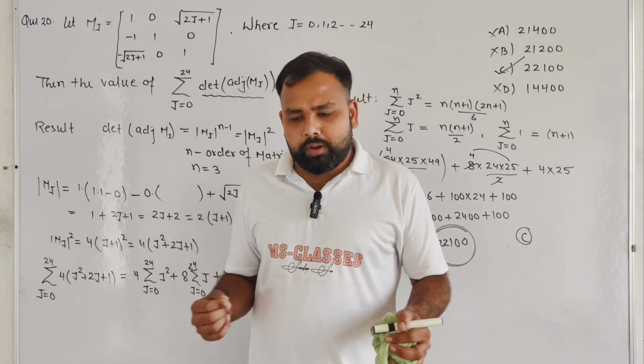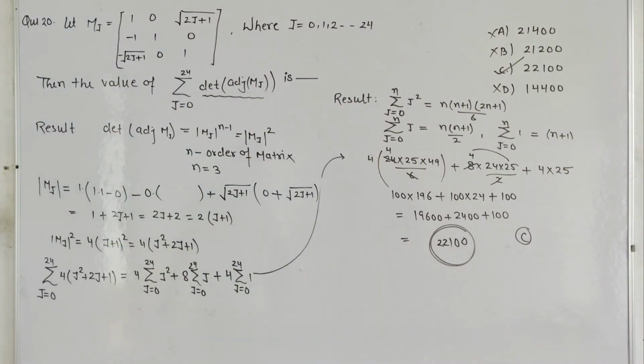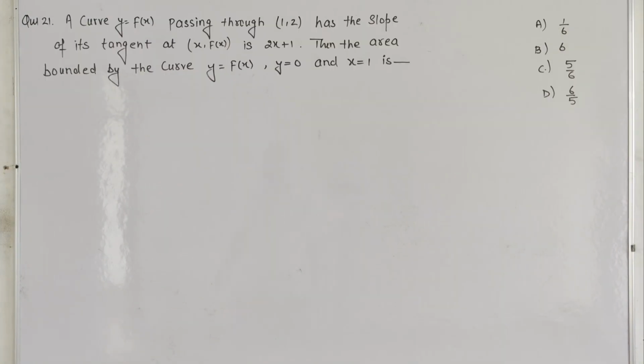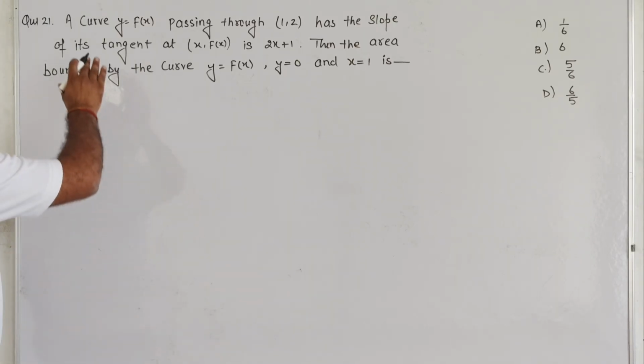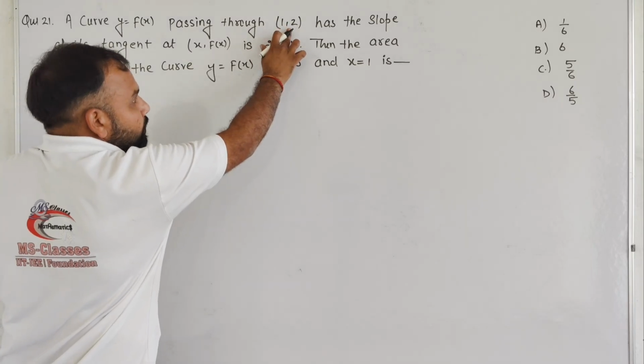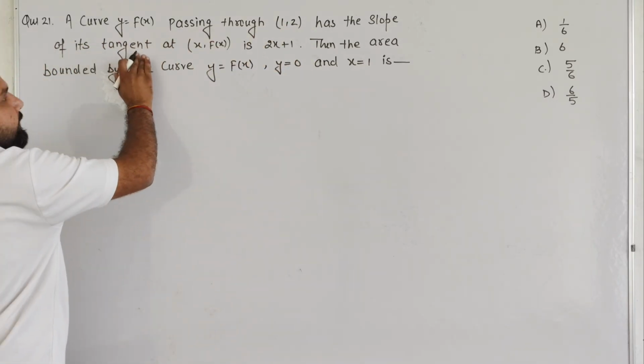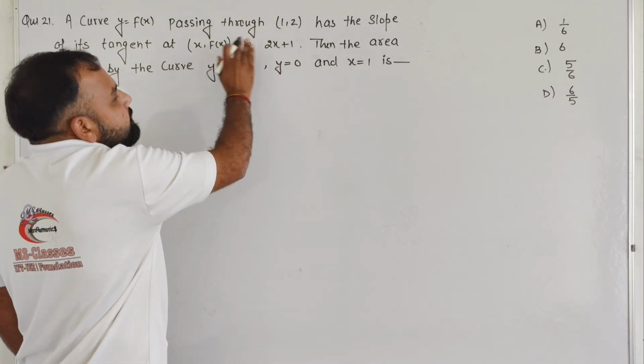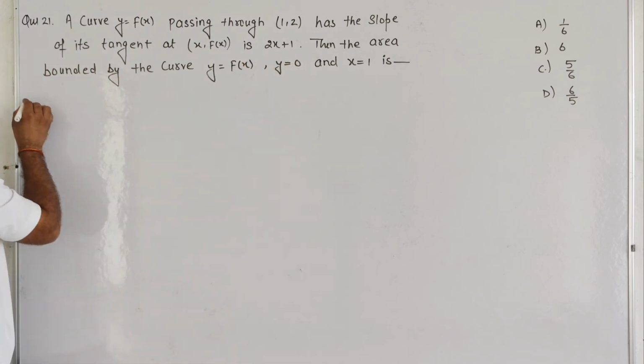Okay student, so our next question is that is question 21. Student, in this question, a curve y equal to fx passing through 1 comma 2 has the slope of its tangent at x comma fx is 2x plus 1.